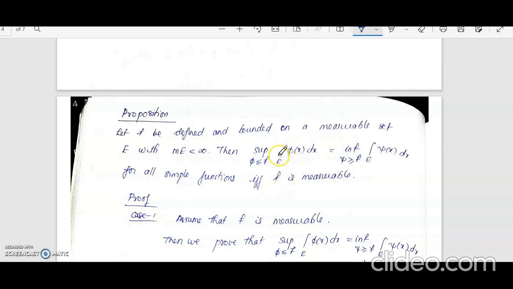So if f is measurable, then the supremum over phi less than or equal to f, integral phi will be equal to the infimum over xi greater than or equal to f, integral over E xi.